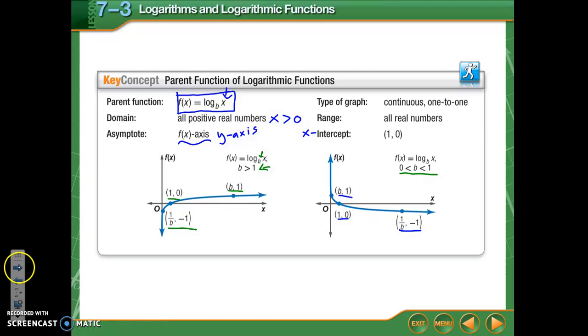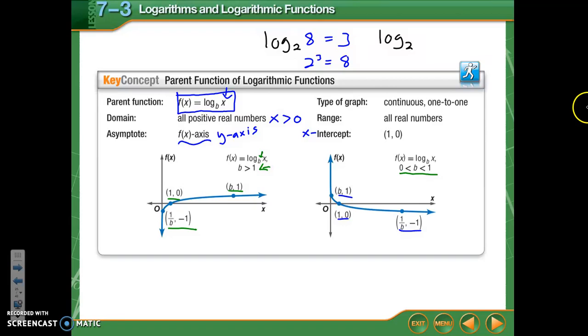Okay? So, oh yeah, I was going to point out to you why we cannot take a logarithm of a negative number, right? Let's do one that's easy to figure out. Log base 2 of 8 equals 3. That's true because 2 cubed is equal to 8, right? If I go back and forth between the two, logarithmic form and exponential form.